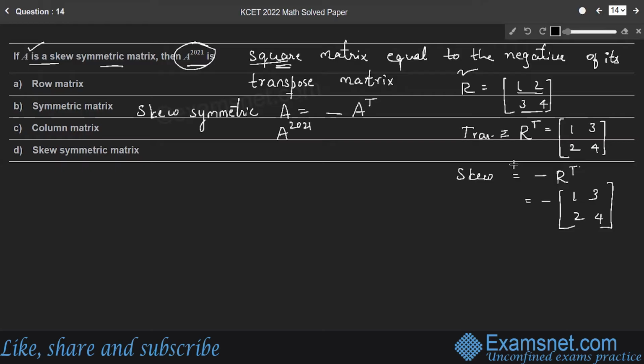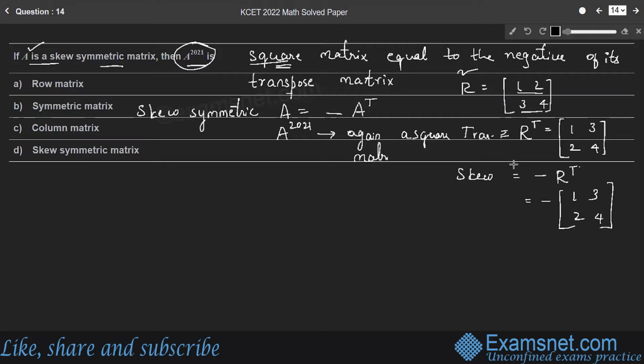Since A is a square matrix, because a skew symmetric matrix is always a square matrix, when its power is raised to any number you will get a square matrix only. So A raised to 2021 is again a square matrix.